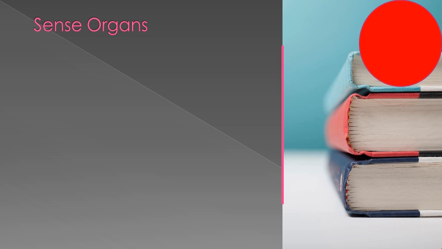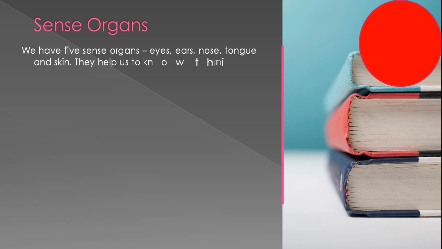topic. Today we are going to study about the sense organs. We already know we have 5 sense organs: ears, eyes, nose, tongue and skin. They help us to know things around us. Here we can see we have 5 sense organs: eyes, ears, nose, tongue and skin.